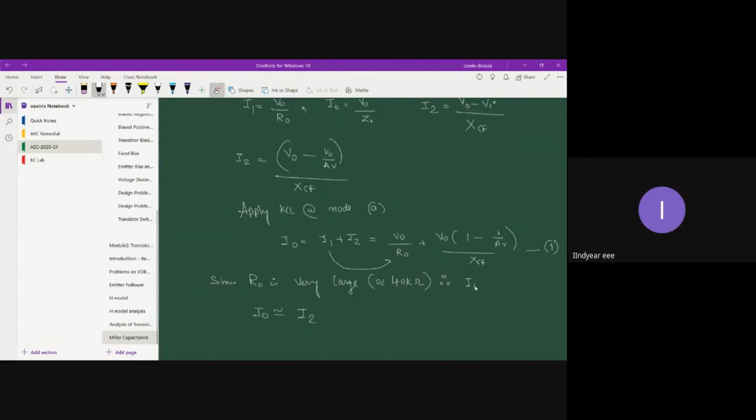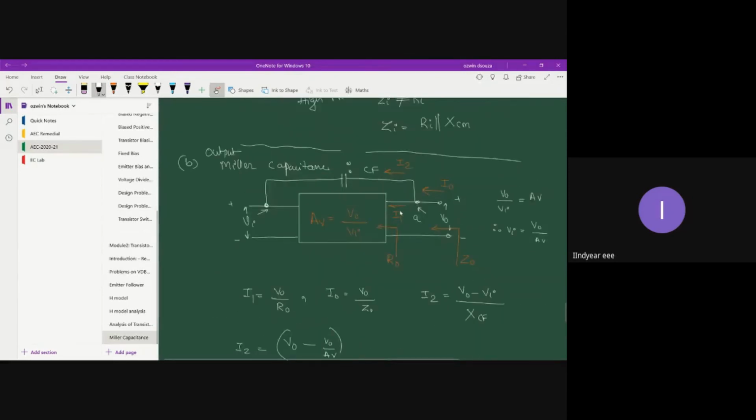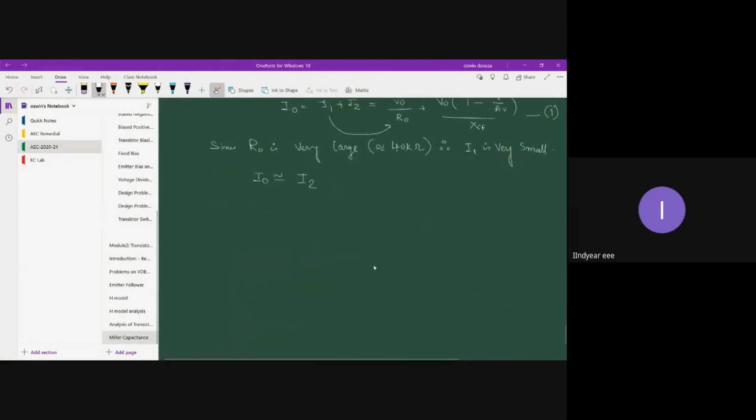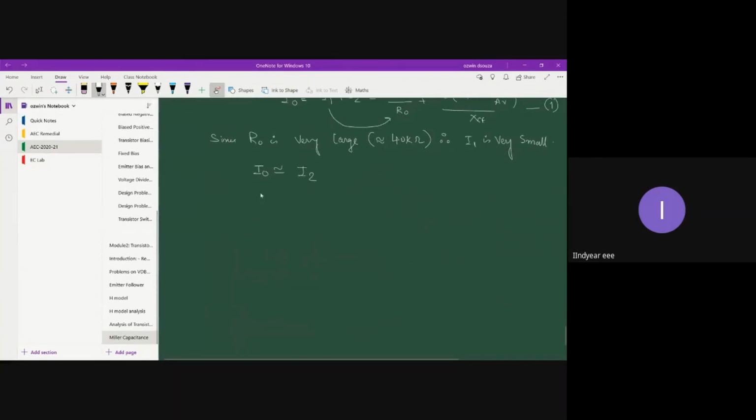Therefore, I1 is very small. When R naught is very large, the component of current which gets into R naught will be a lot smaller. Hence, you can neglect it. So you can simplify the analysis. So I naught is approximately equal to I2.